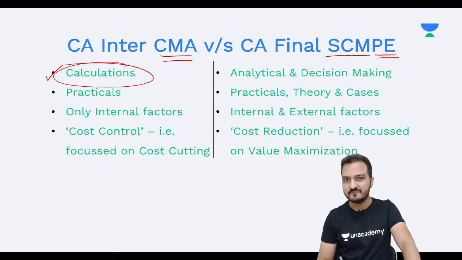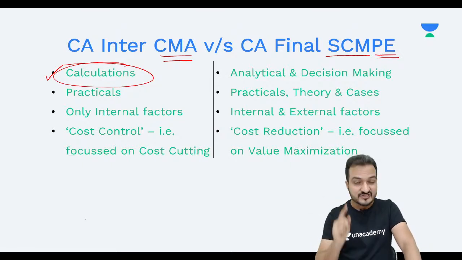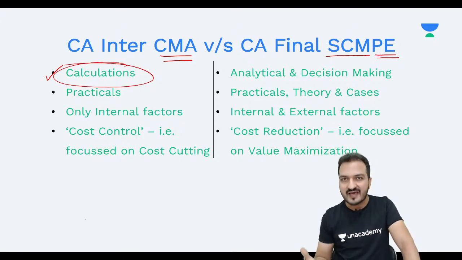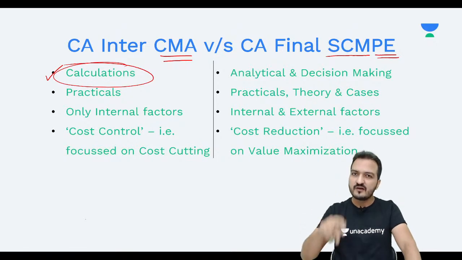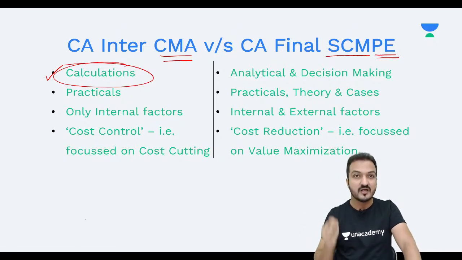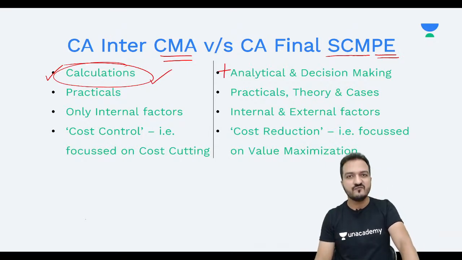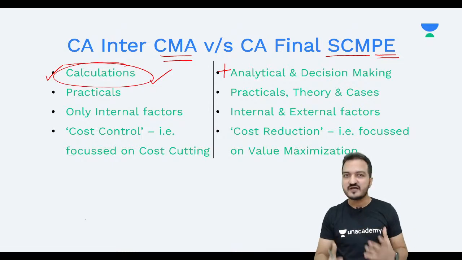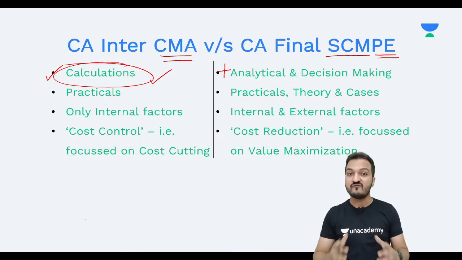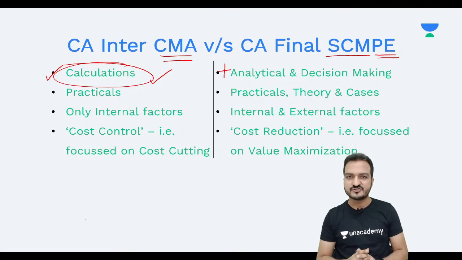I don't say that CA final costing does not involve calculations. Definitely it does, but at CA final level, calculations will be there, plus there will be lots of analysis and decision making that you need to mention.